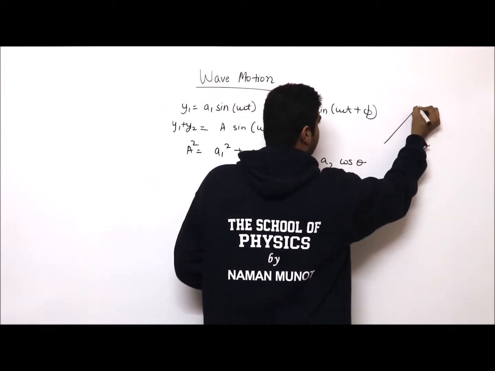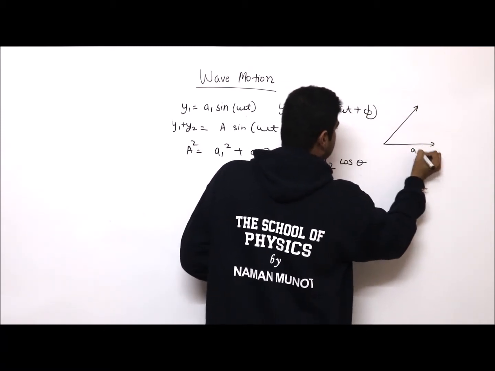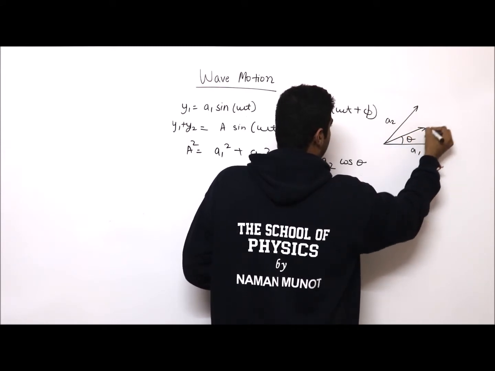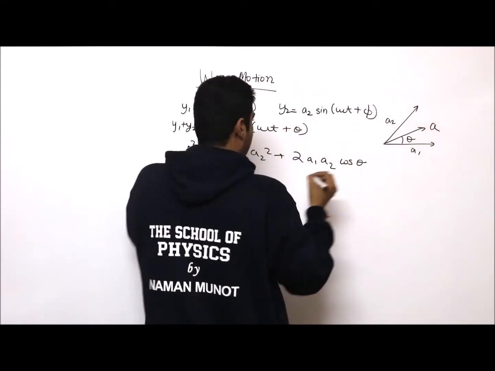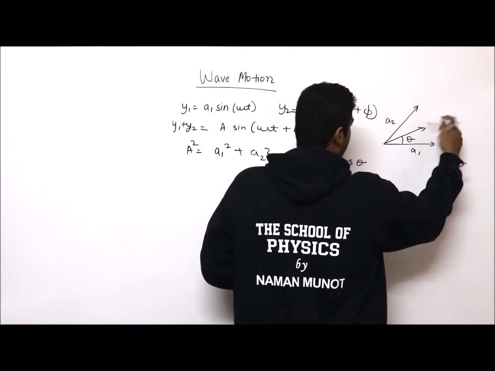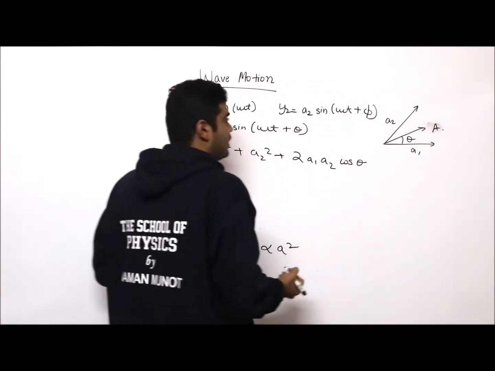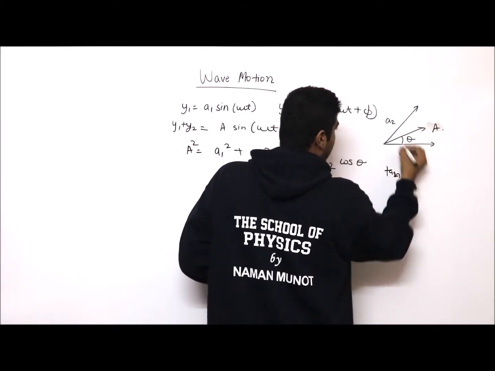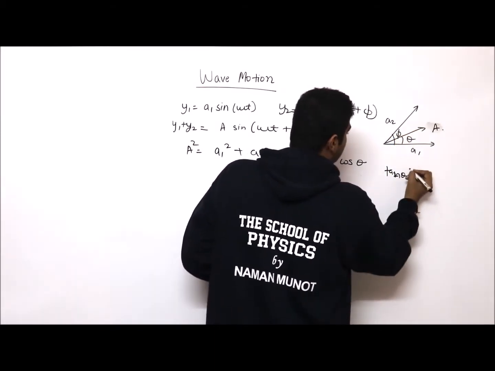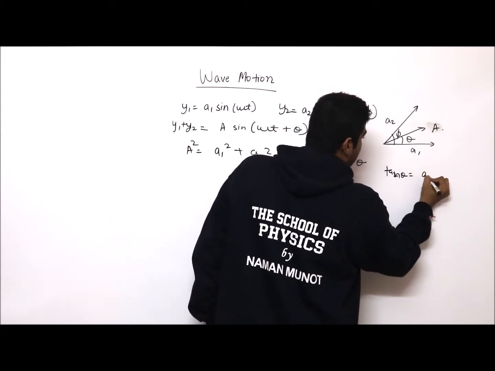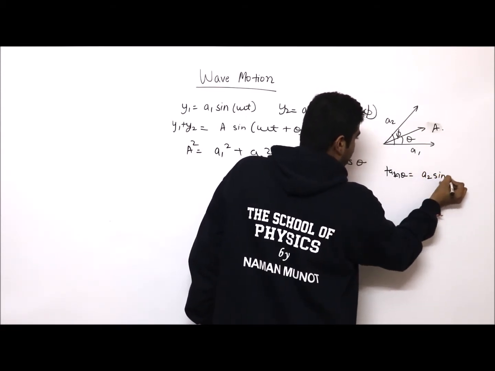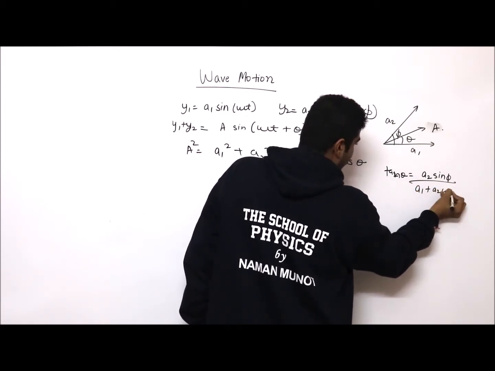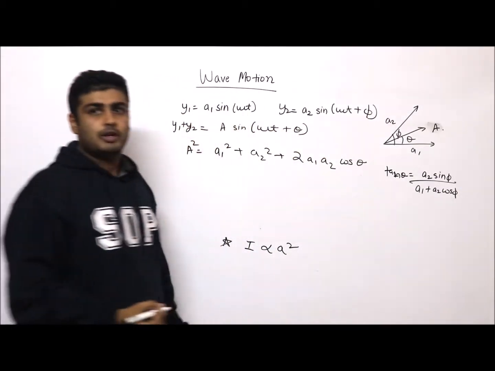Suppose this is A1, this is A2, and this is some angle at which we have capital A. Now tan theta is given by, and this is the angle phi between both of them, A2 sine phi upon A1 plus A2 cos phi. We remember this formula from SHM superimposition.